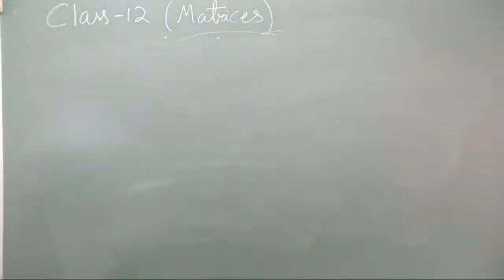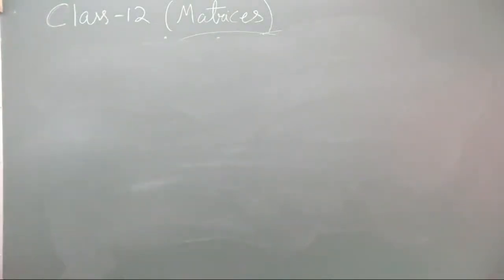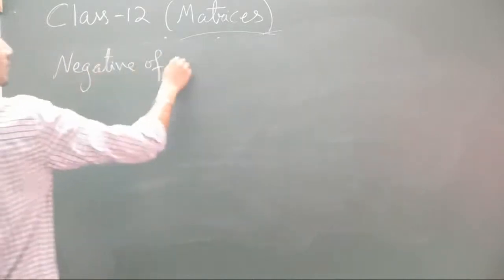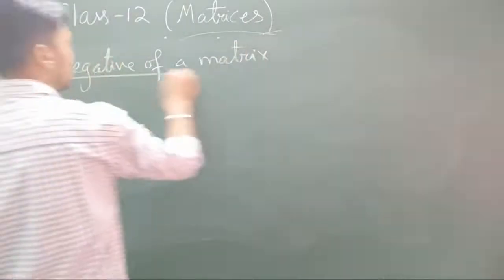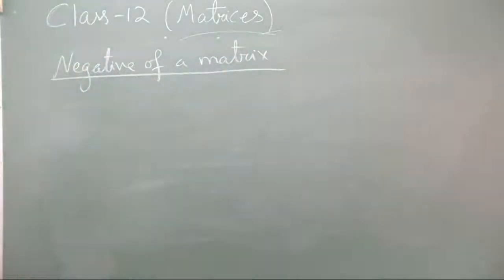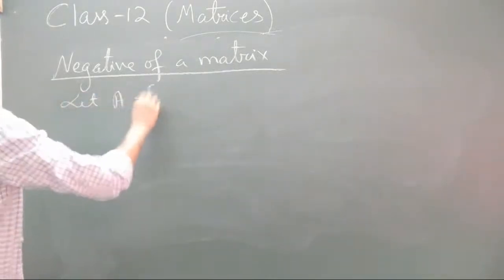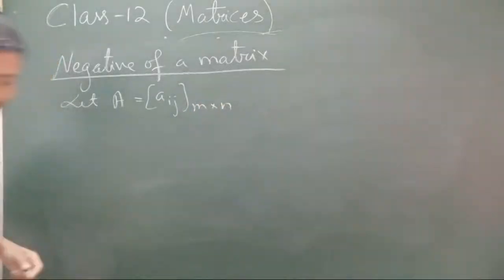Next up, we have quickly the negative of a matrix. But before that, yeah, better we write down the negative of a matrix. Let A be a matrix [Aij] of the order m by n.